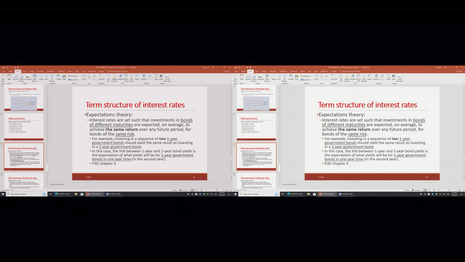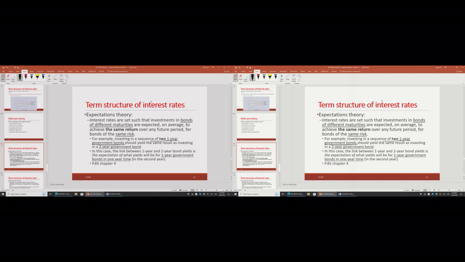One is two one-year government bonds in a sequence, and the second investment option is one two-year government bond. These two investment options should bring the same result.